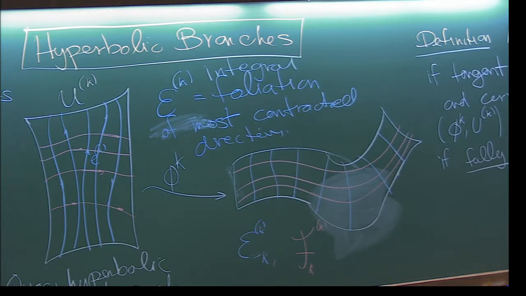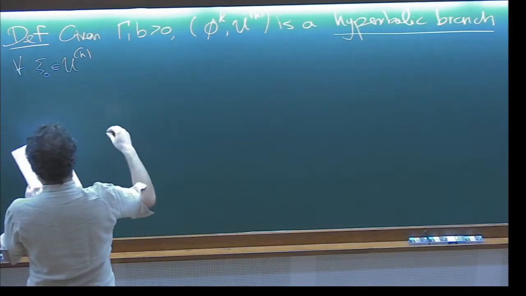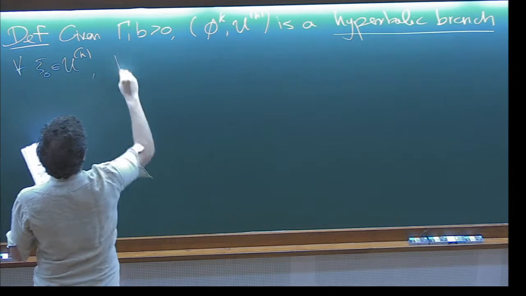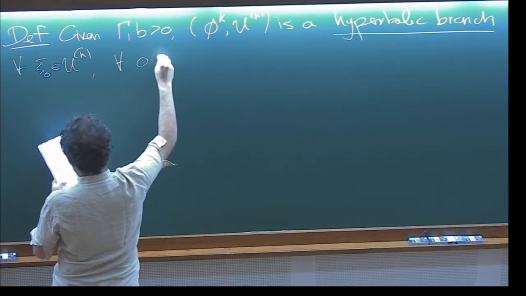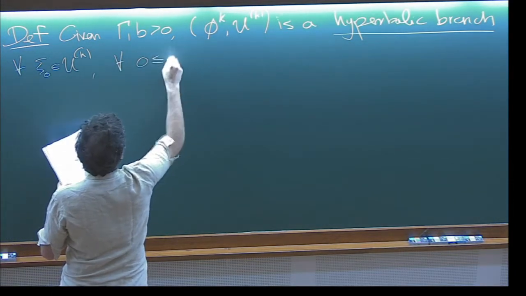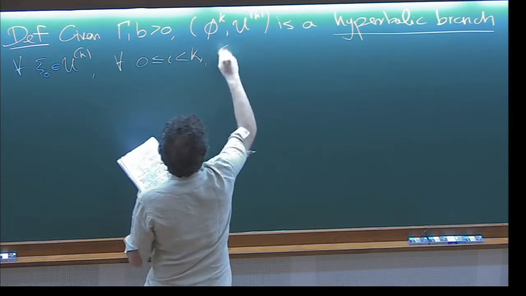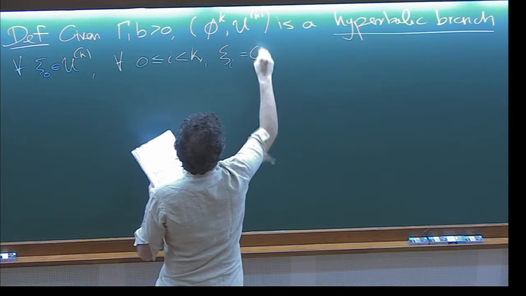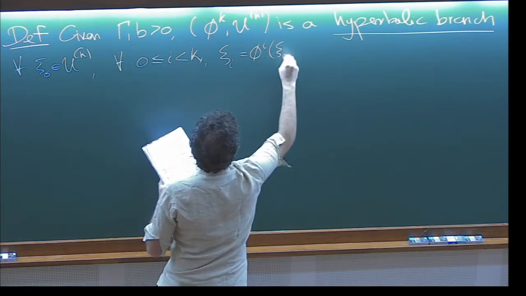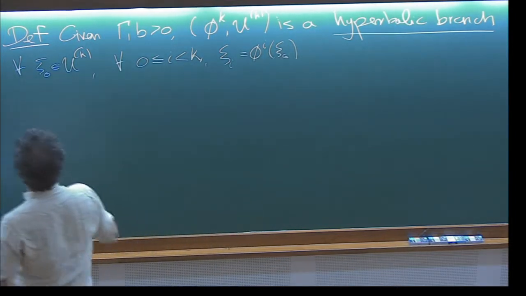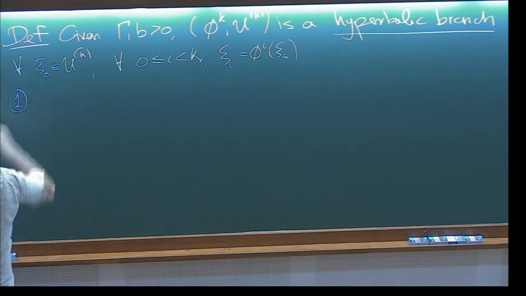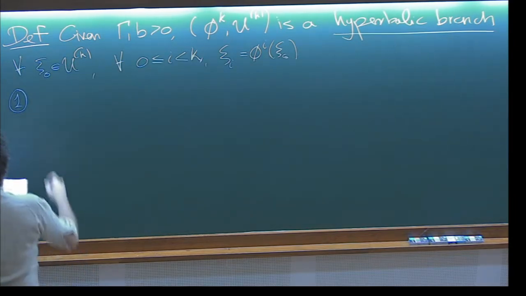So we give a little bit more quantitative. So for all points psi 0 in U k, and for all i at intermediate steps, psi i equal to phi i of psi 0, we have the following three conditions. So one is just a more quantitative version of this.